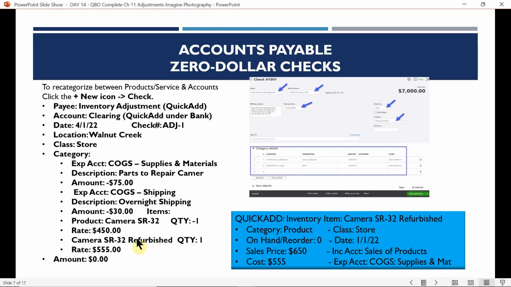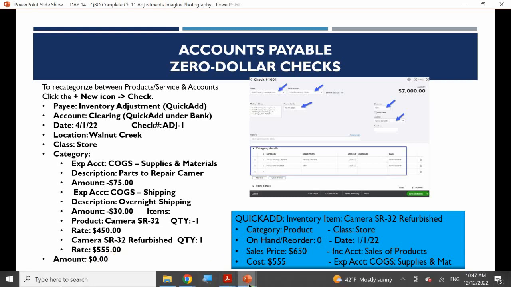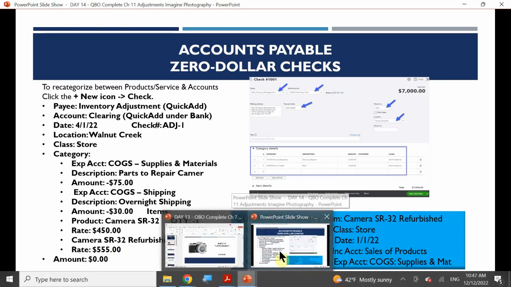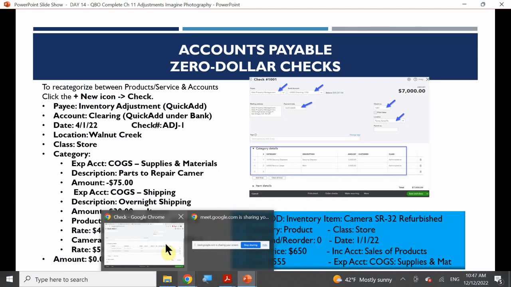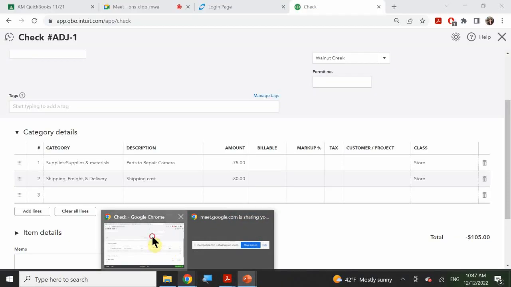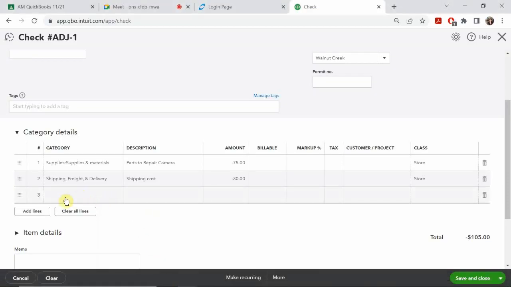So you may have to quick add that item in there, to go ahead for the full $555. Okay? So in this case, that's exactly what I'm going to do. I'm going to remove one of the good cameras and move it into a refurbished camera.